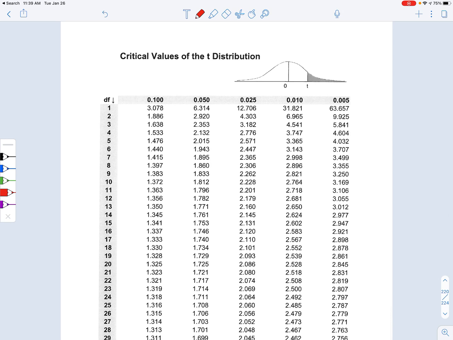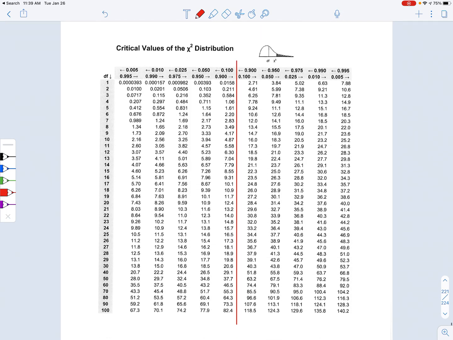All right, so it's not symmetric, it's skewed to the right, and it doesn't have 0 in the middle. It actually has its degrees of freedom. Because of that, we actually have to have twice as many columns. Now, what I've done is I've put a red line in here, and my suggestion is that you do the same, because what that does is it divides the left-hand side stuff from the right-hand side stuff.